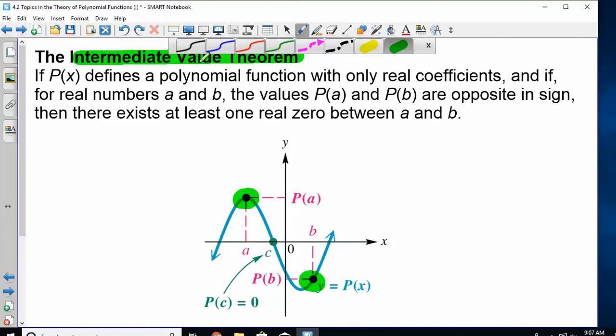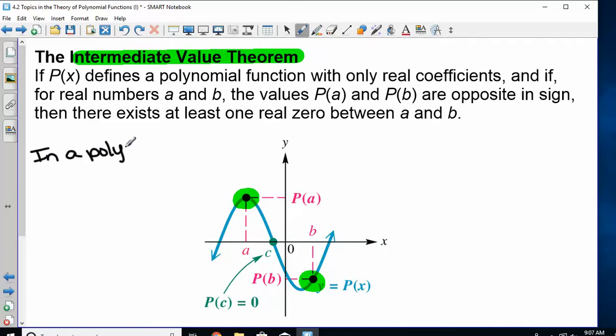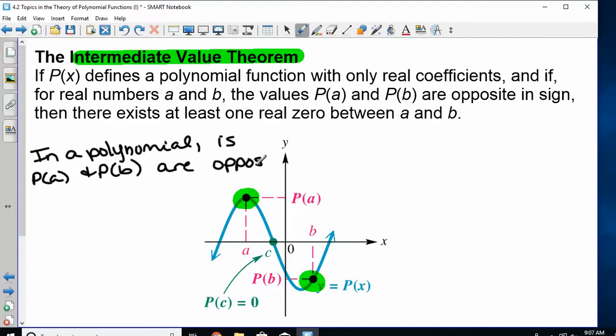So our paraphrase, let's say in a polynomial, if p of a and p of b are opposite signs, a 0 exists between a and b.